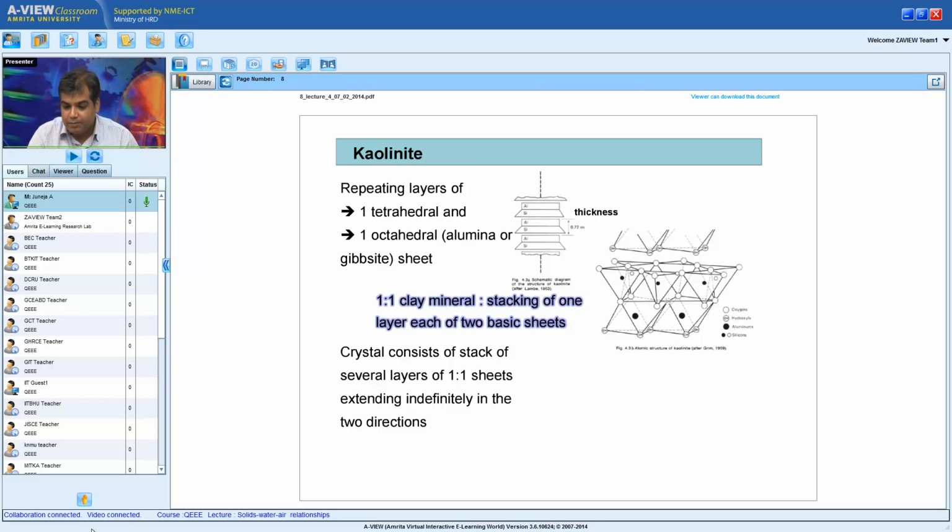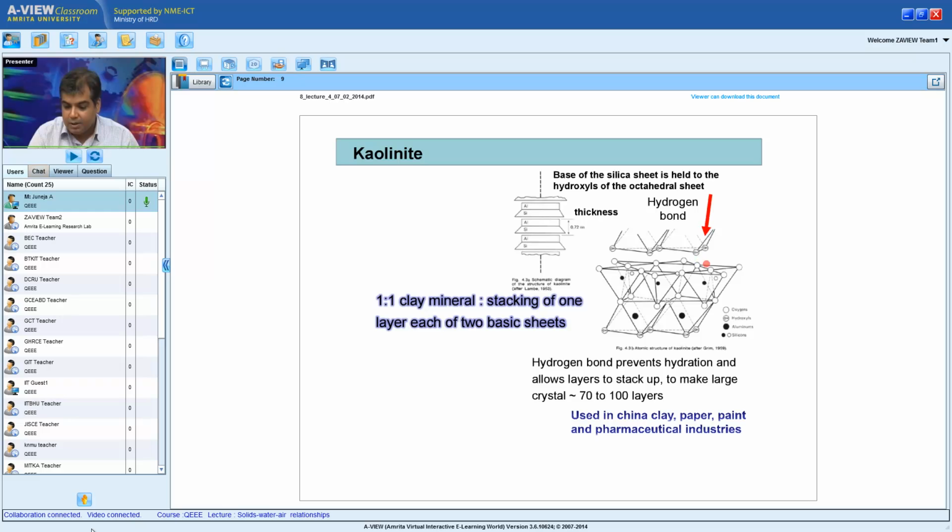This gap is bonded together by hydrogen bond. Look at it, OH from there, coming to the base of the tetrahedron over here. So that's the hydrogen bond which forms between OH and H. This hydrogen bond is relatively strong, and it's not easy to break. Hydrogen bonds are strong, so if it's not easy to break, in the sense I cannot put water in between.